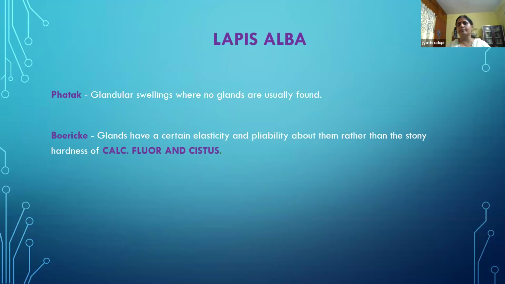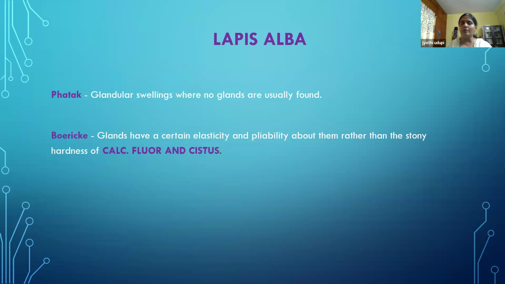So what does Phatak say about Lapis alba? Glandular swellings where no glands are usually found. Boericke says glands have a certain elasticity and pliability about them rather than the stony hardness of Calcarea fluorica and Cistus.